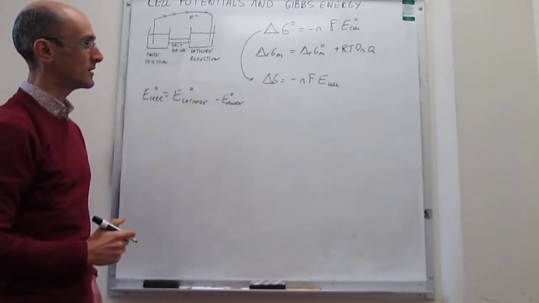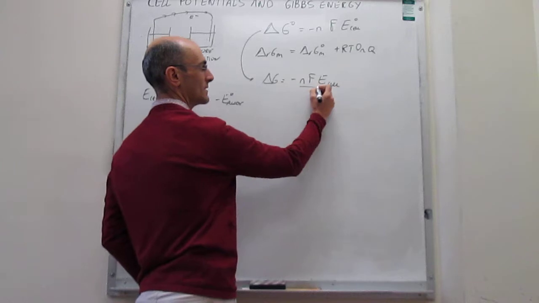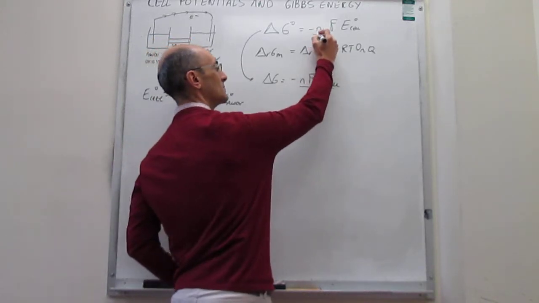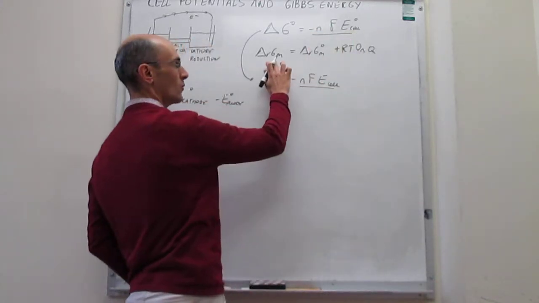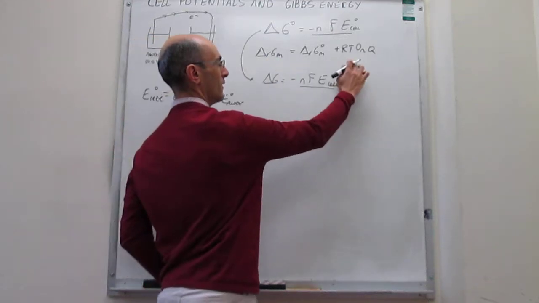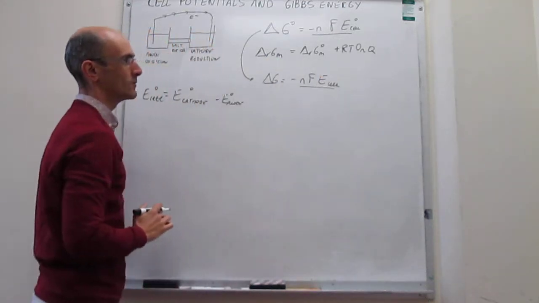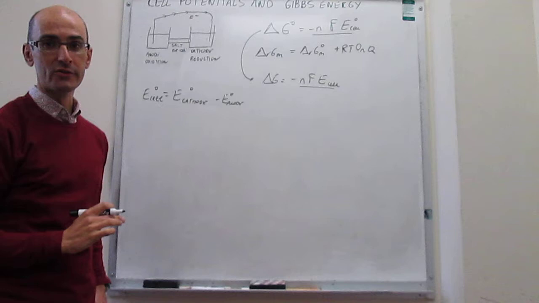Now we have the Gibbs energy under any conditions and the Gibbs energy under standard conditions, and they should follow this relationship, which is what leads to the Nernst equation.